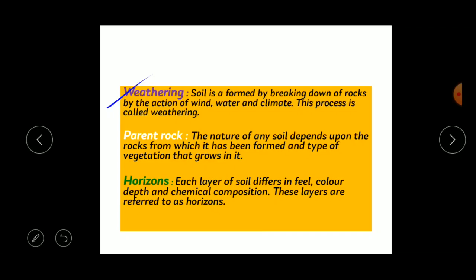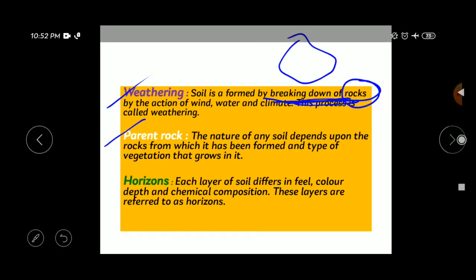Okay, so the next point is, what is parent rock? The nature of any soil depends upon the rocks from which it has been formed and the type of vegetation that grows in it. Parent rock means the nature of any soil depends upon the rocks, right? As we have studied, the breaking down of rocks by the action of wind, water and climatic conditions, so that rock is called the parent rock.